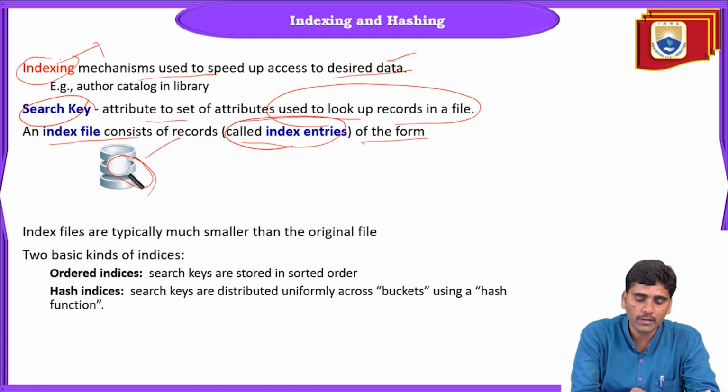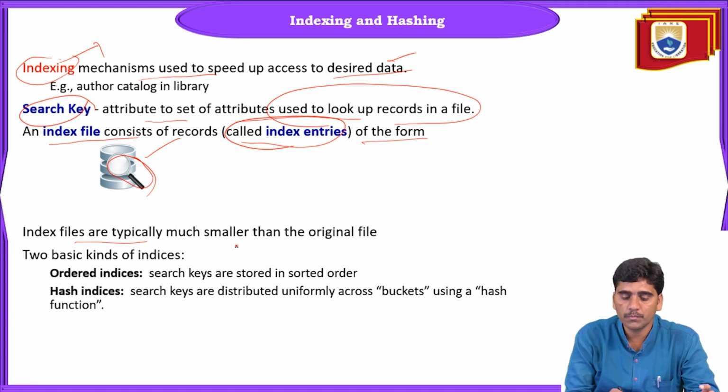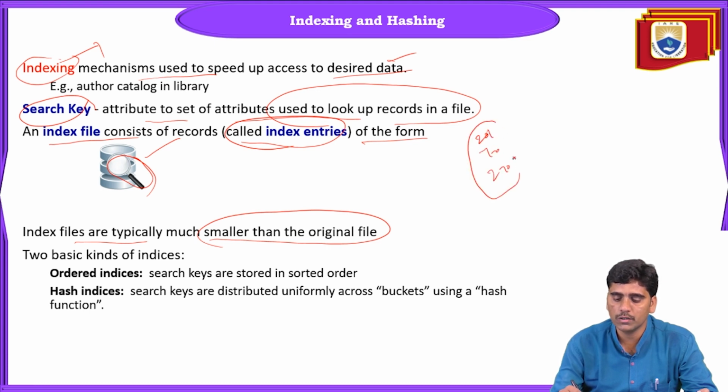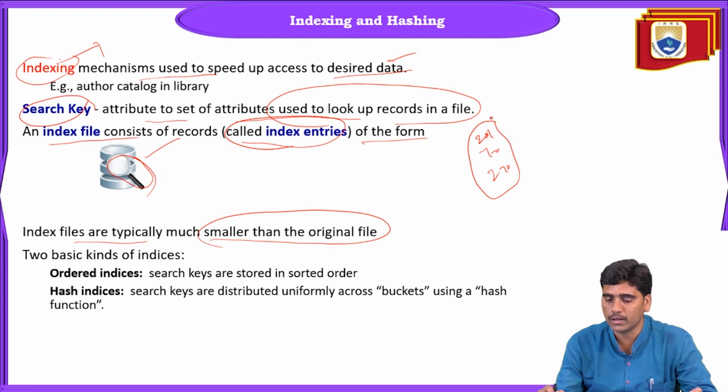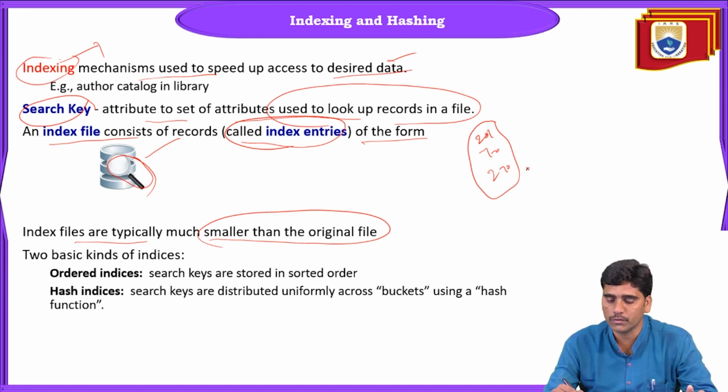Index files are typically much smaller than the original file. Suppose a college file contains roll numbers 201 to 270.